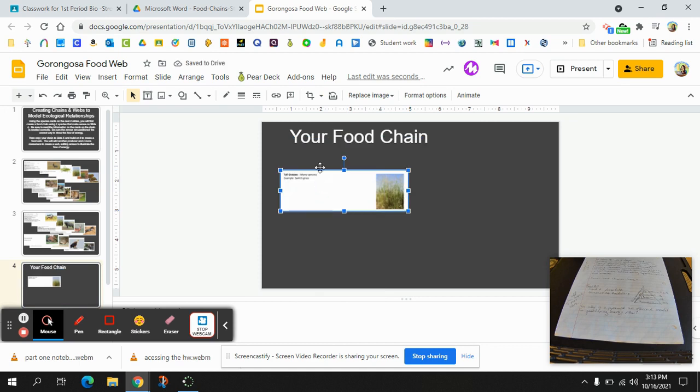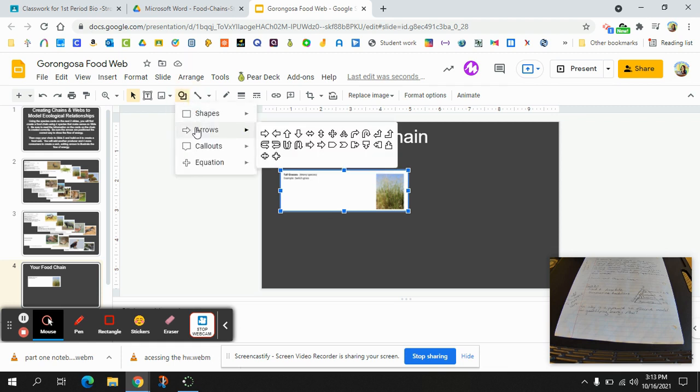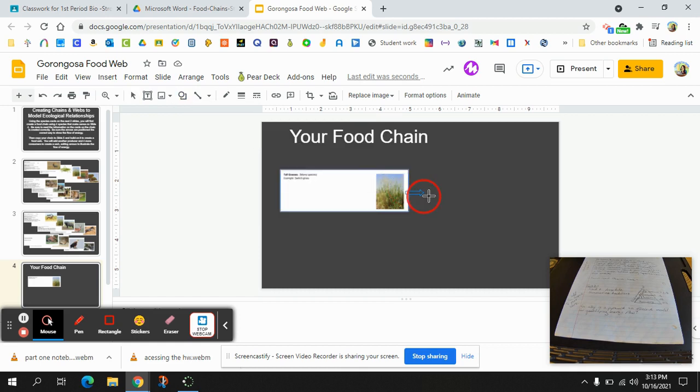To create an arrow, you will go up to your shapes and go to arrows, and then choose an arrow. You can insert your arrow and move it around or make it larger or smaller by changing the box sizes. Complete your food chain on slide 4.